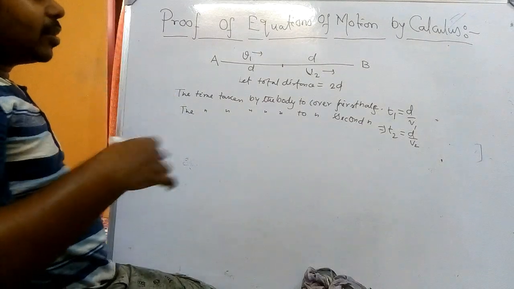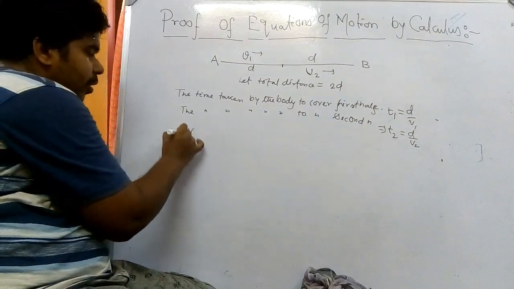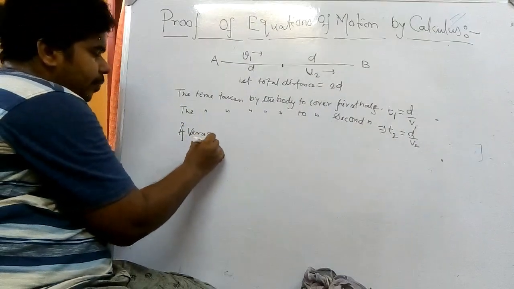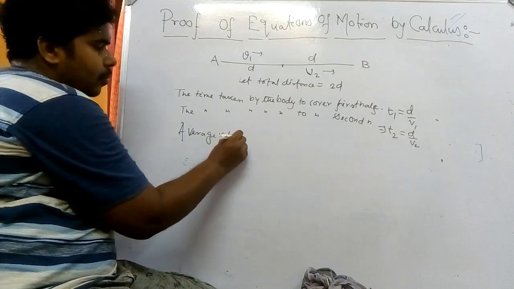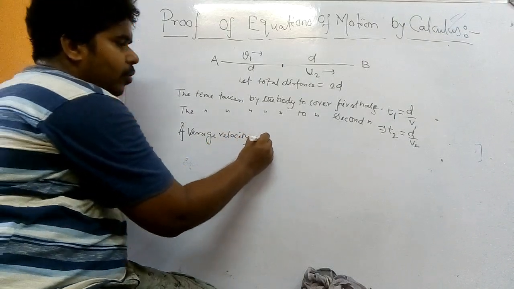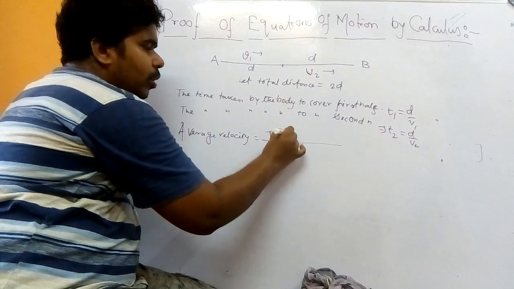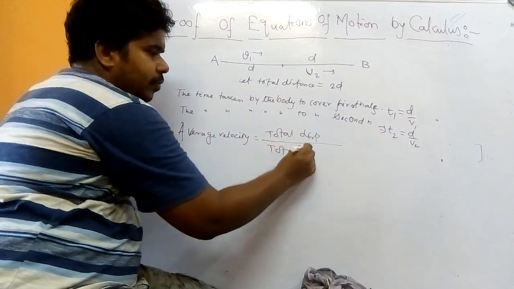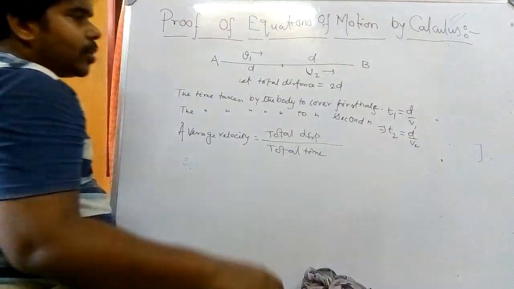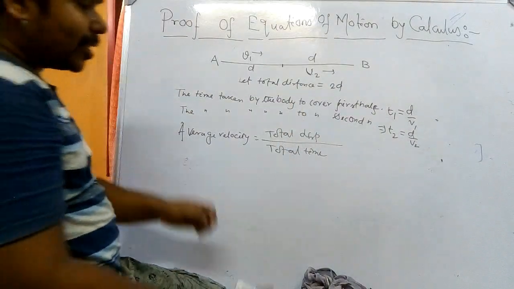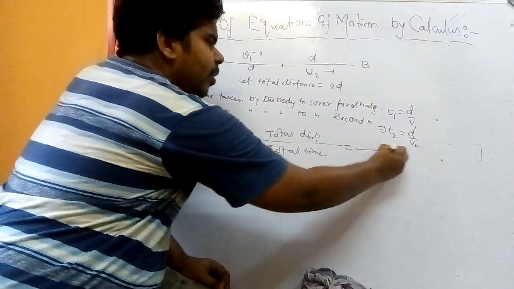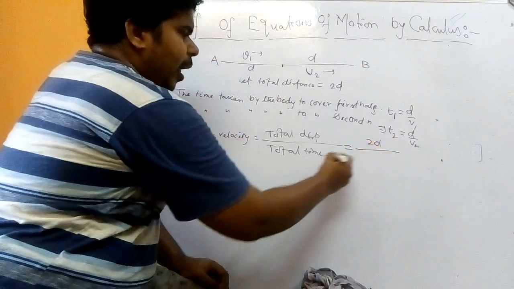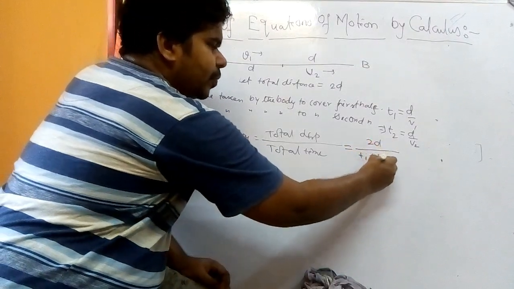Now comes the average velocity. That is, average velocity is equal to total displacement by total time. What is the total displacement here? Total displacement is d plus d, that is 2d, and time is t1 plus t2.